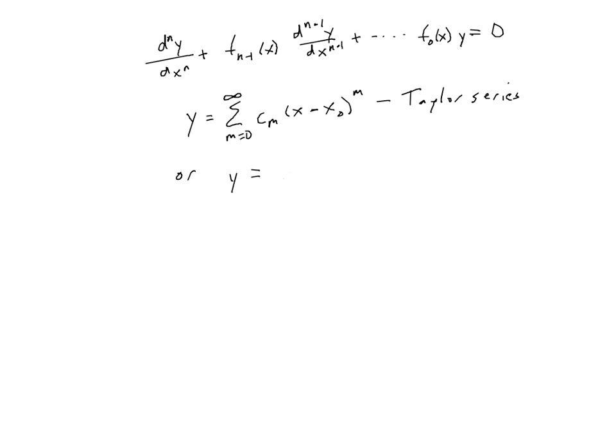You might have something like y equals x minus x naught to the s, times a sum from m equals 0 to infinity of Cm times x minus x naught to the m, where C naught is not 0. And so basically what this does is it subtracts out the singularities so that you end up getting a reasonable solution.